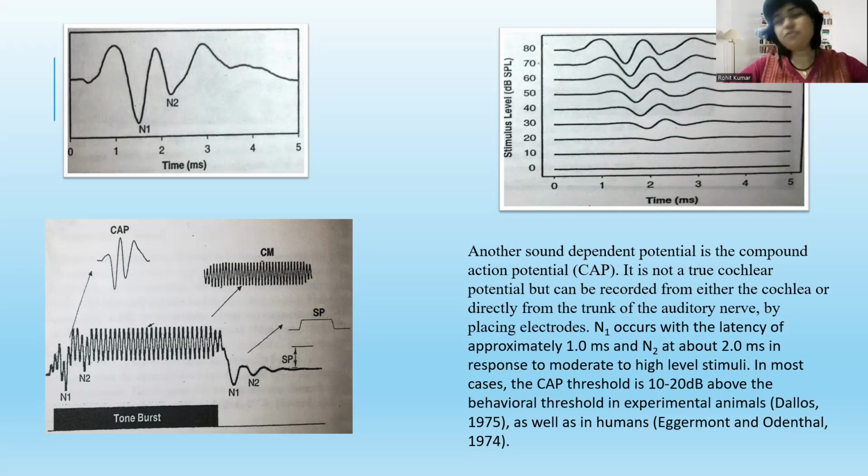So if the CM, the cochlear microphonics, is recorded, then it falls in between the summating potential and the compound action potential.